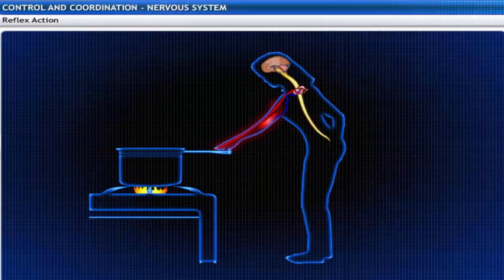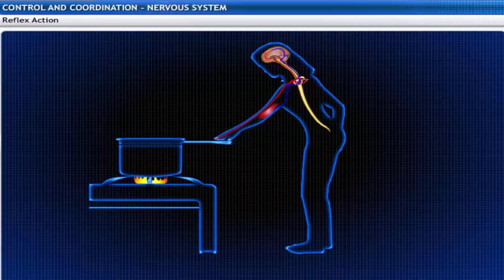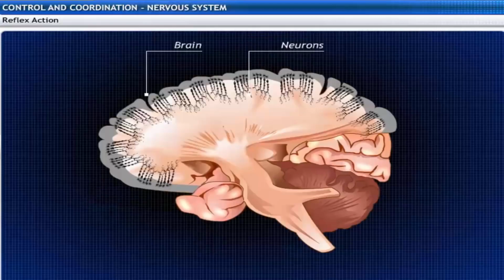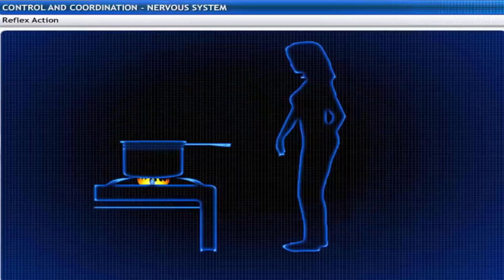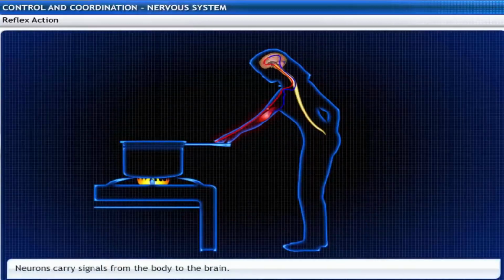So, how do we control and coordinate our hand to move away from the heat? The thinking part of the brain is located at the forward end of our skull and consists of dense networks of intricately arranged neurons. Neurons carry signals from the body to the brain.